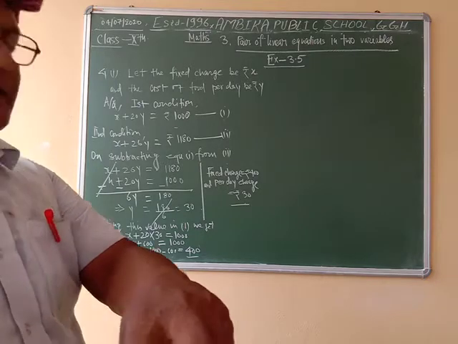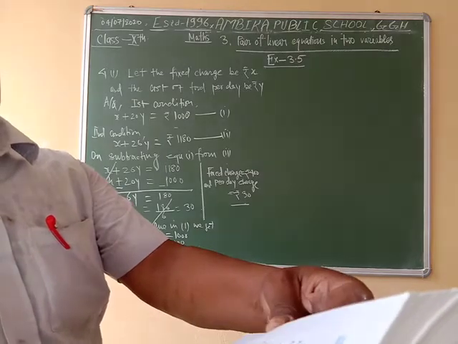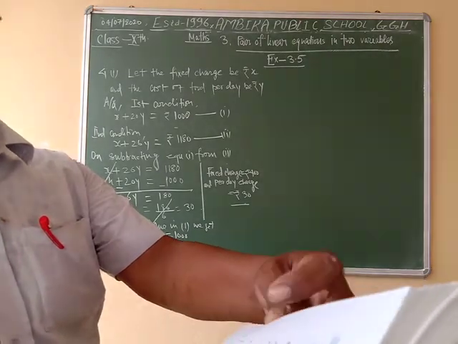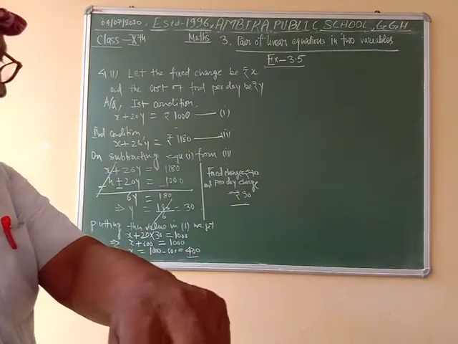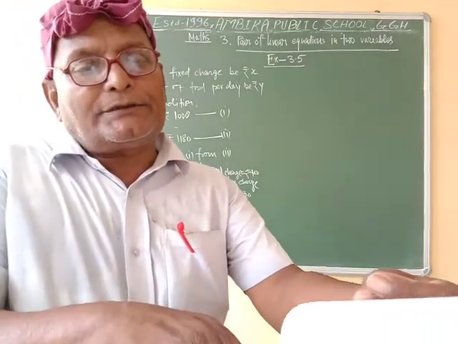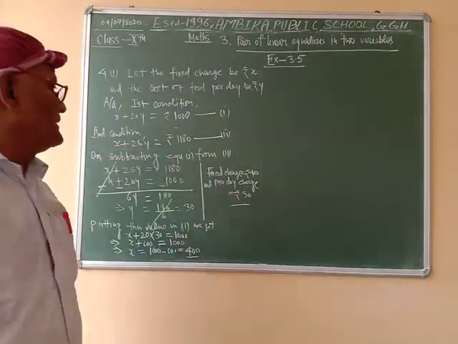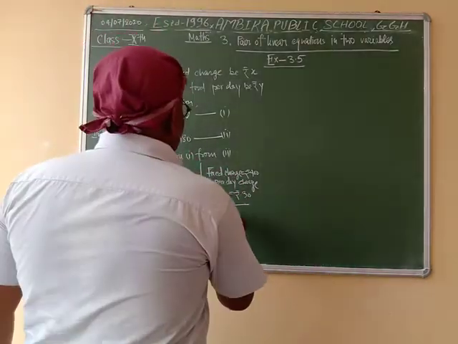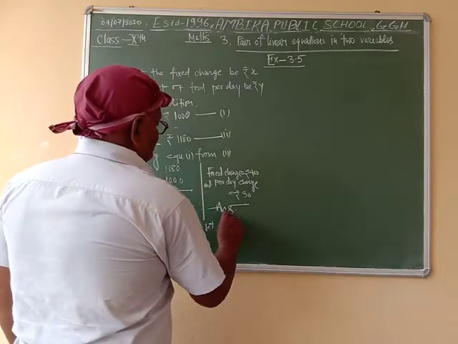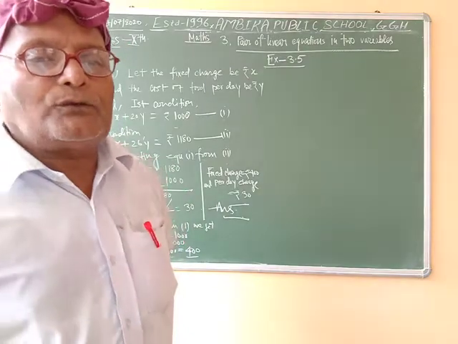Now subtracting equation 1 from equation 2, we get y is equal to 30 rupees, and x is equal to 400 rupees. Hence the answer.